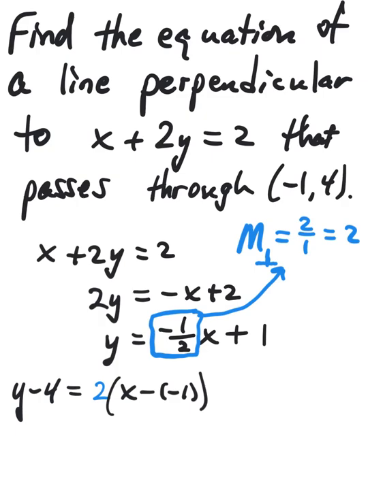So that's going to give us y minus 4 equals, now inside the parentheses, x minus negative 1, that's x plus 1. So when we distribute the 2, we're going to get 2x plus 2.